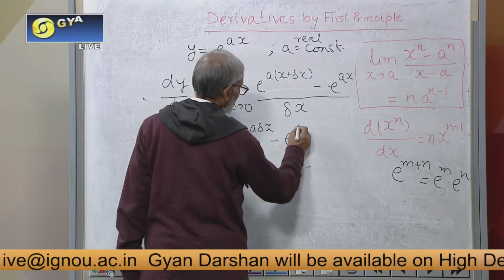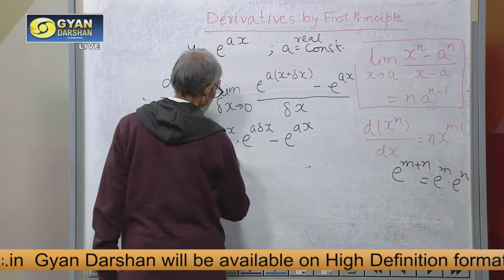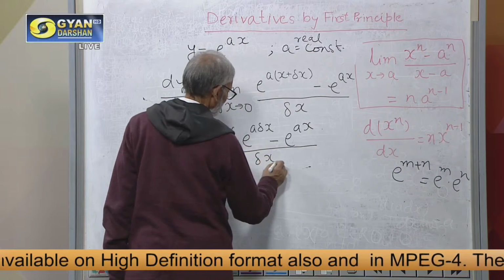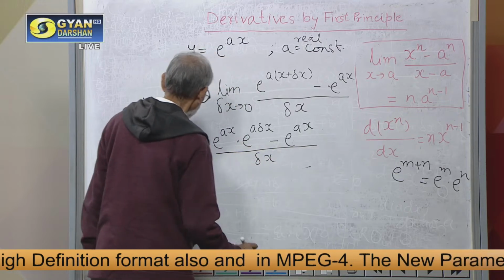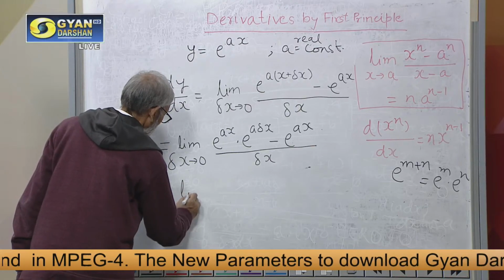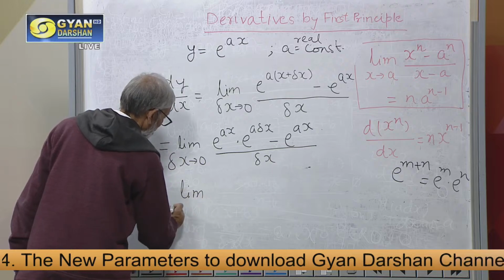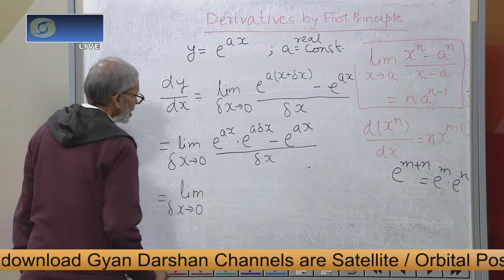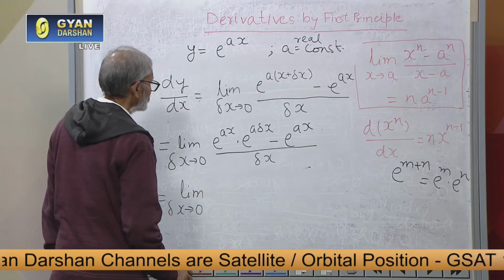Minus e to the power a x, divided by delta x, limit delta x tends to 0.